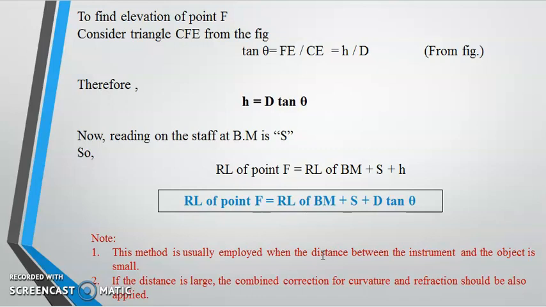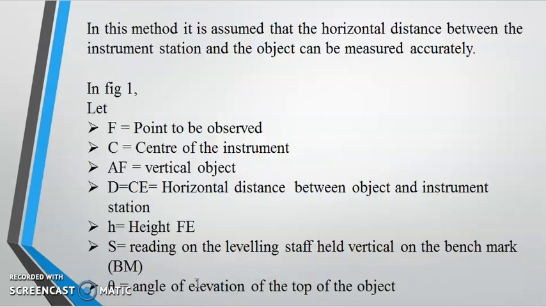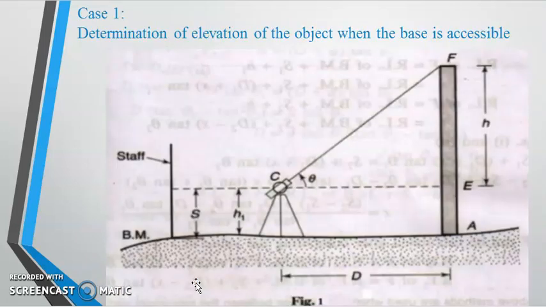So you know what is CR and CC, and you also know the combined correction for curvature and refraction, that is capital C, which is equal to CC plus CR. The formula is known, so we will have to add that C here. So RL of point F will be equal to RL of BM plus S plus D tan theta plus capital C if the distance is large between the instrument and the vertical object. So this covers the first case wherein the base of the object is accessible to us.